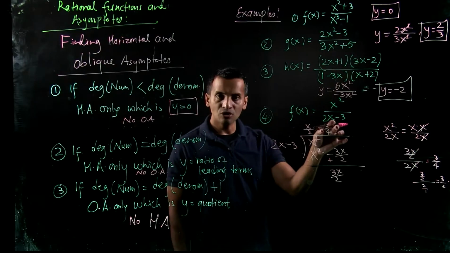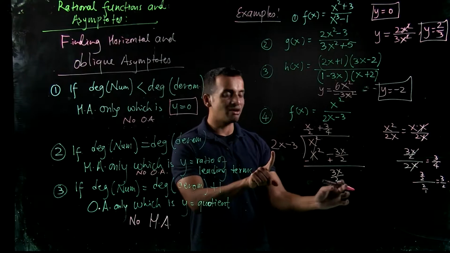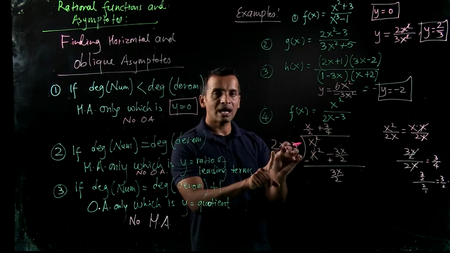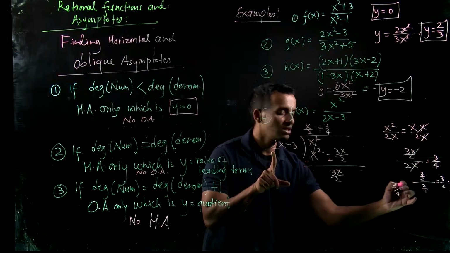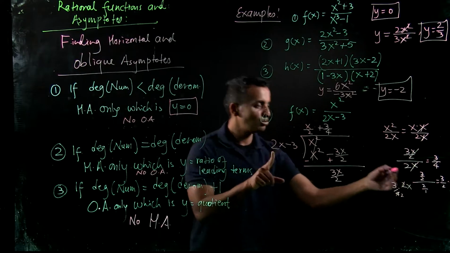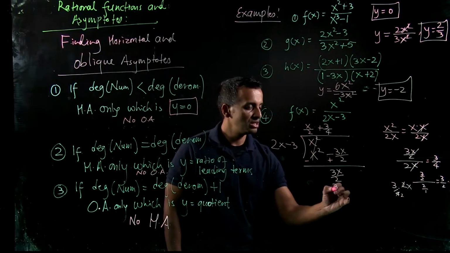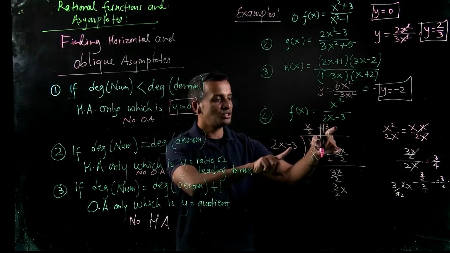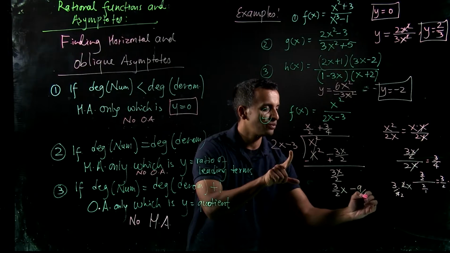Okay, now that's the quotient you got, and then you multiply that 3/4 with each of those, and write down here. So 3/4 times 2x will be 3/2 x, right? Then 3/4 times negative 3 will be minus 9/4.